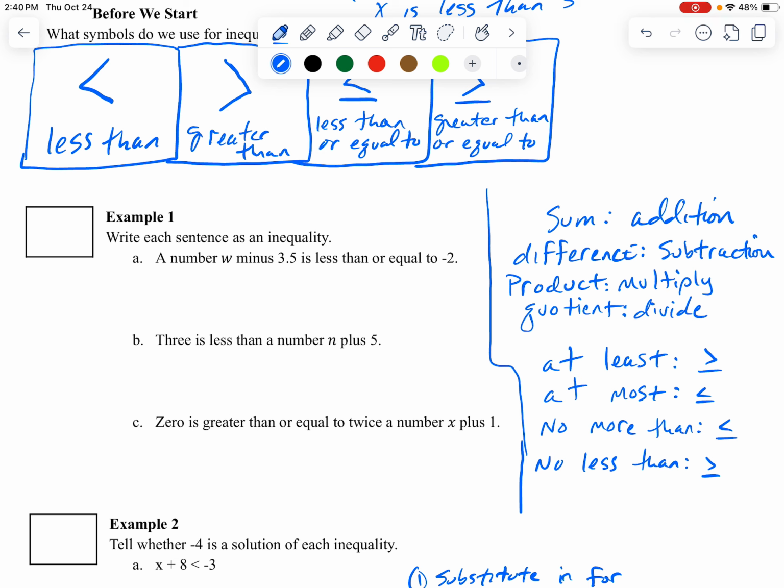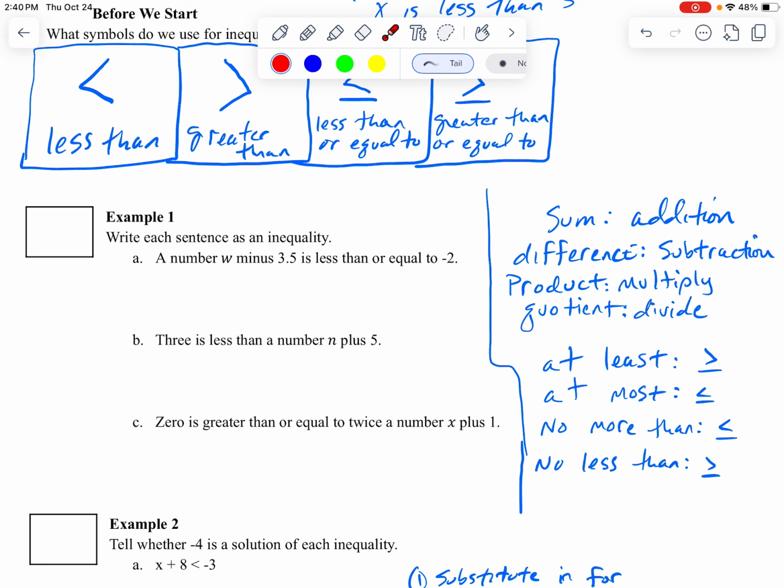Also, thinking about words, if we say something is at least as big as something else, that means it could be equal to it, or it is greater. If we say something is at most another number, then it must be less than or equal to that.